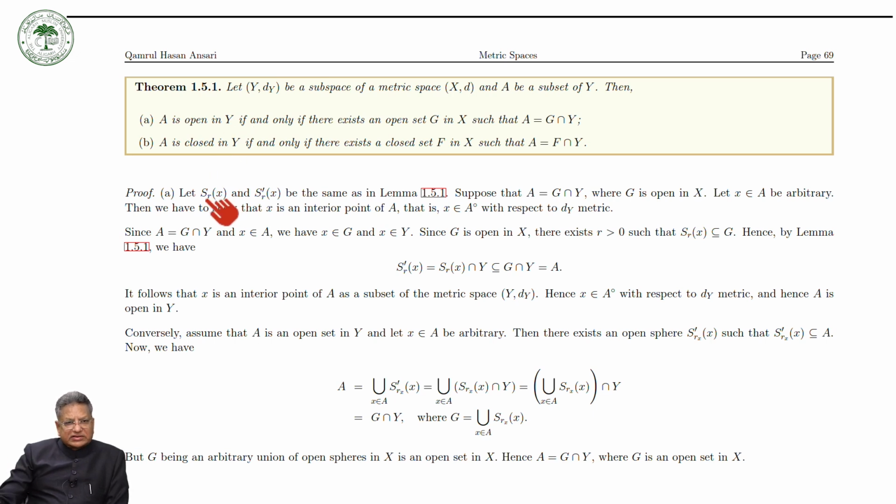So let us take S_r(x) and S'_r(x); this is the open ball we are denoting with respect to the metric d, and this is the open ball with respect to the metric dy.